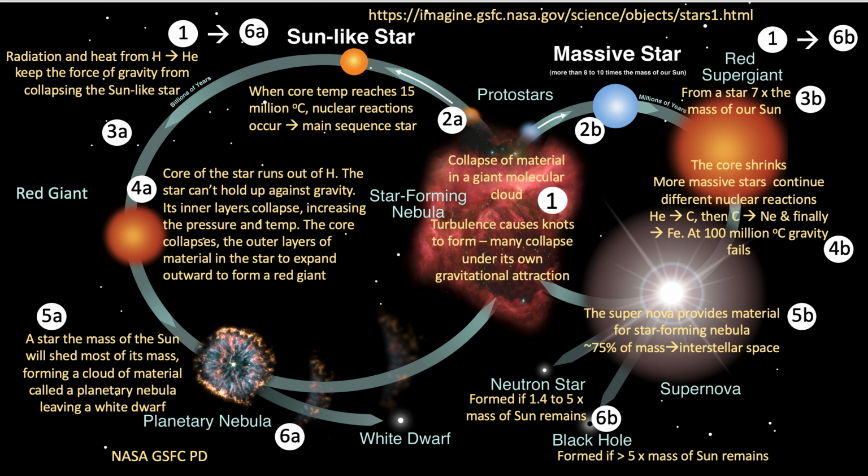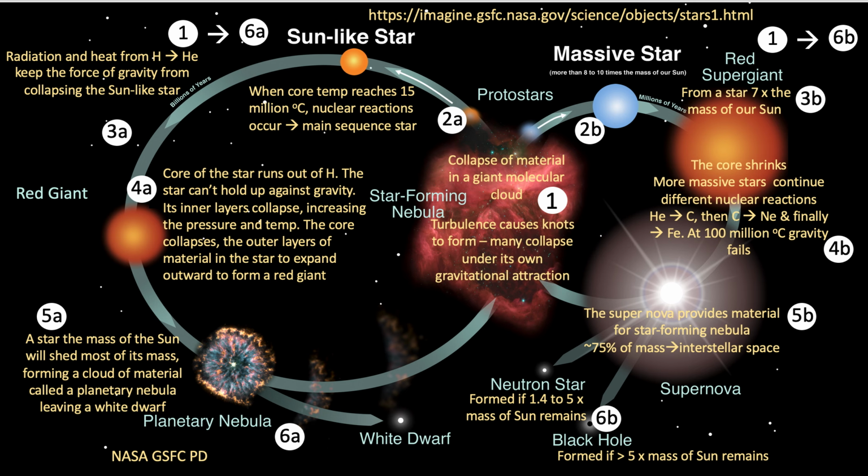And here's a diagram, and again, pause this one to really read what's there. But the summary is, if you start near the middle with number 1, if you're going to the left to the sun-like star, you look at the life cycle of a star with the mass of the sun, close to the mass of the sun, and what the life history of that would be going down to white dwarf.